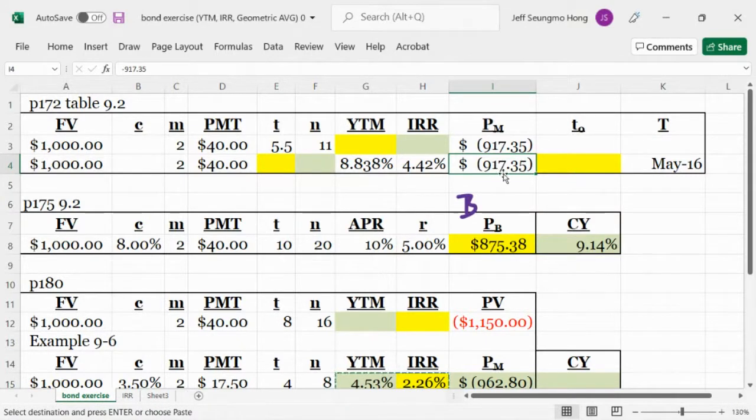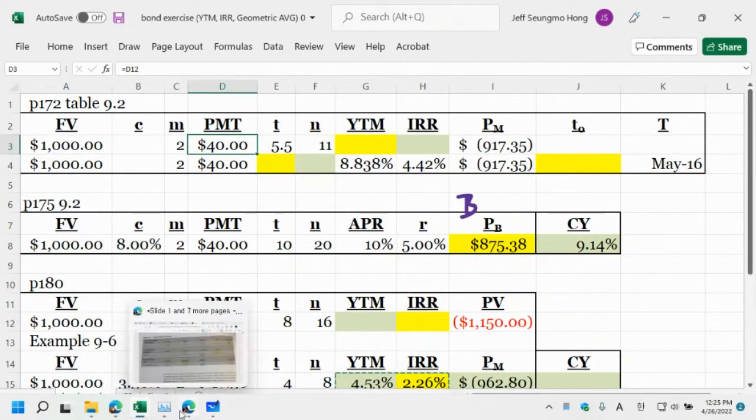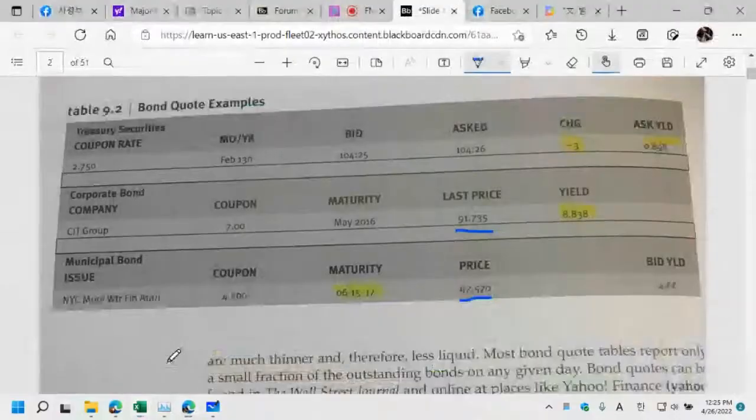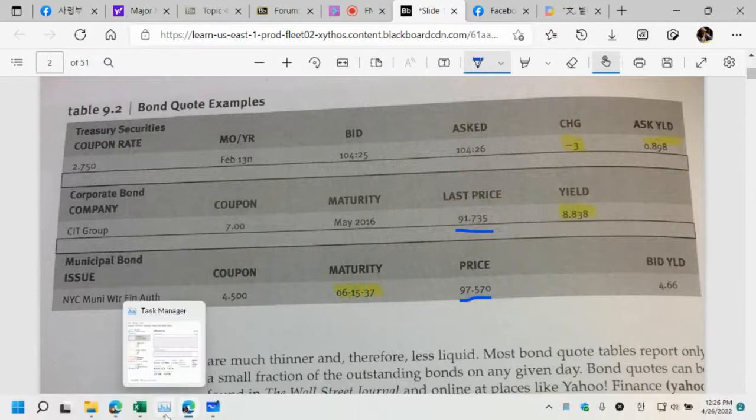Which is $917.35. We'll first figure out the coupon payment. Was it $40? The coupon was 7% actually.